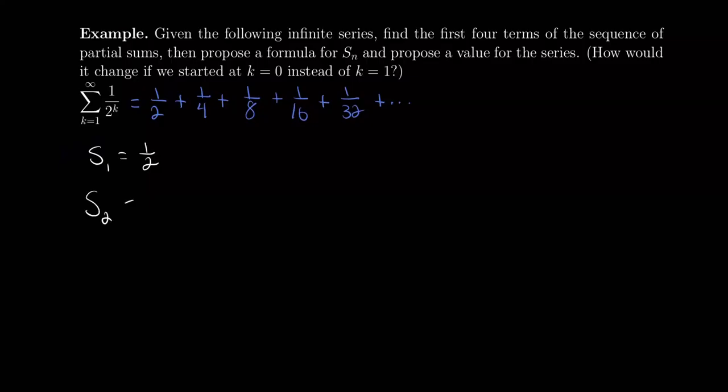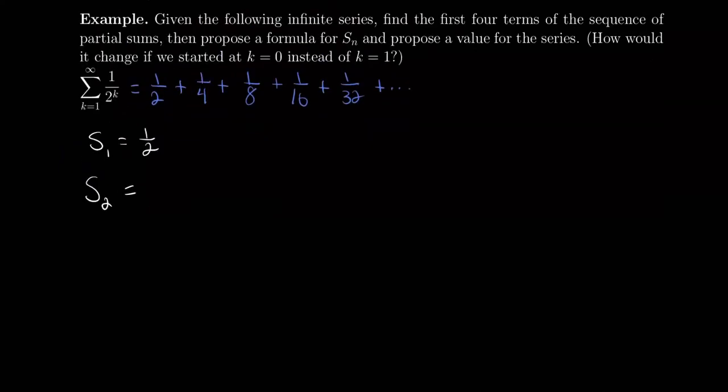So S sub 2 is the sum of the first 2 terms. So 1/2 plus 1/4, which feel free to use your calculator if you'd like, but make sure that you leave things as a fraction. It's certainly not required, but in this particular example, I can tell you it's easier to recognize a pattern.